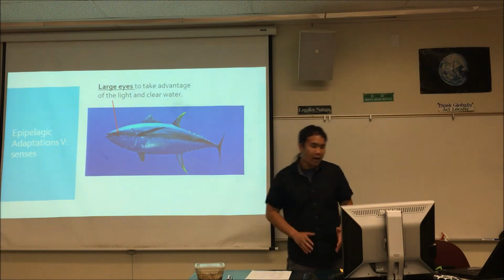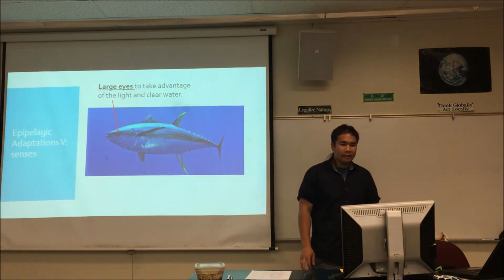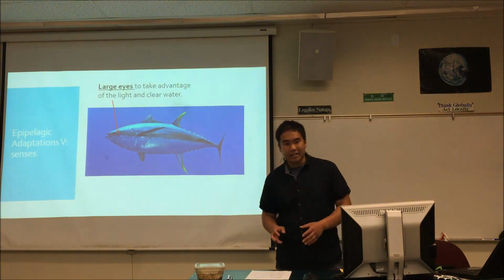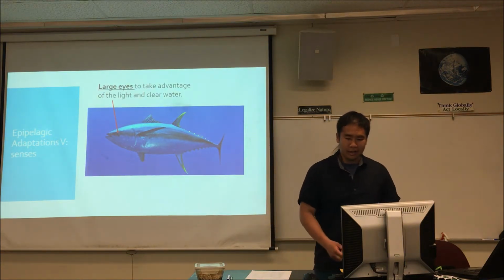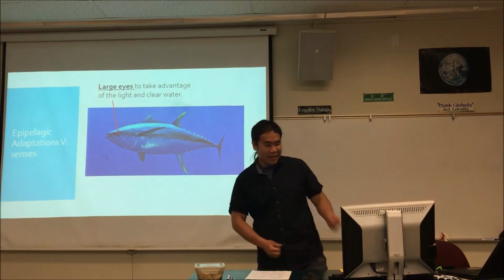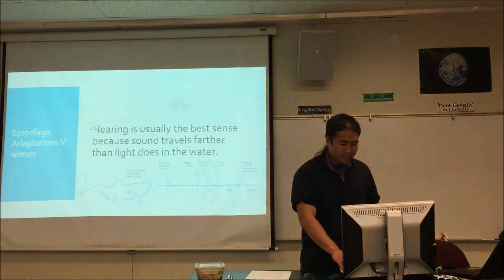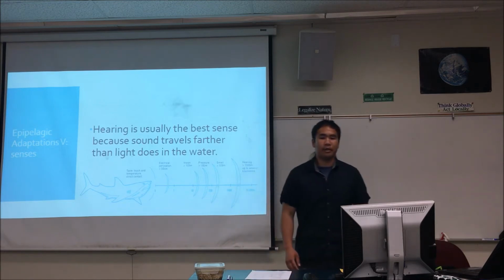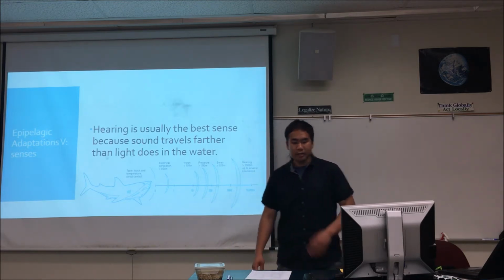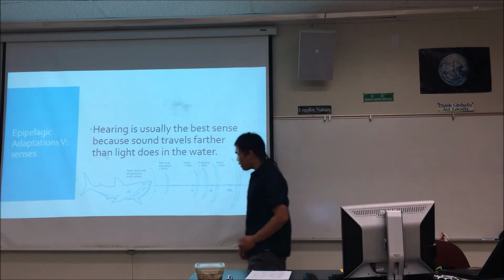But no matter how good their eyesight is, it's not as good as their best sense. What is their best sense? It is not smell. It is hearing. Remember, in the ocean, hearing is the default best sense because sound always travels further than anything else. That goes for sharks as well.